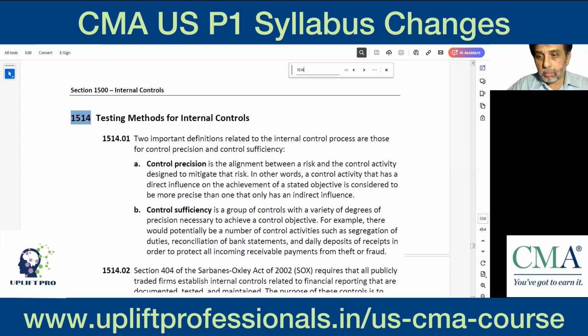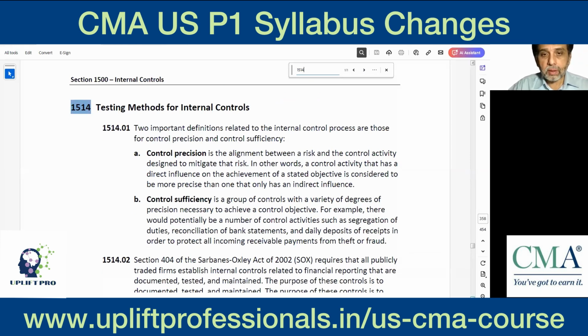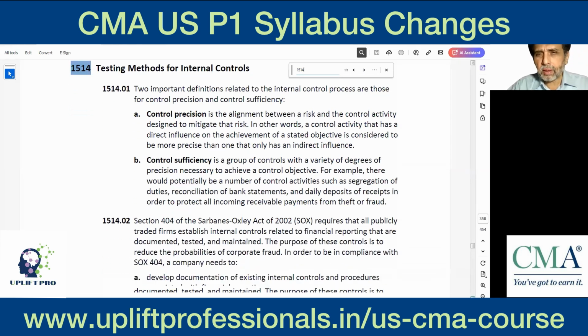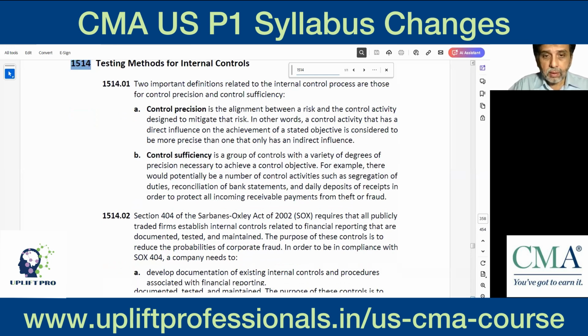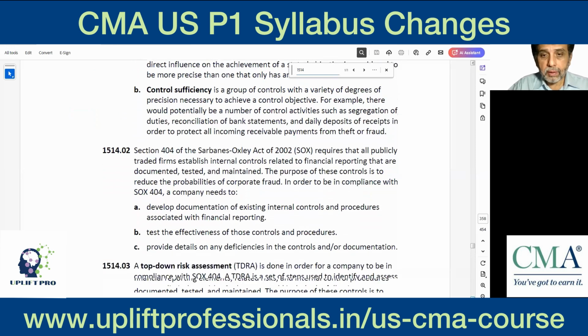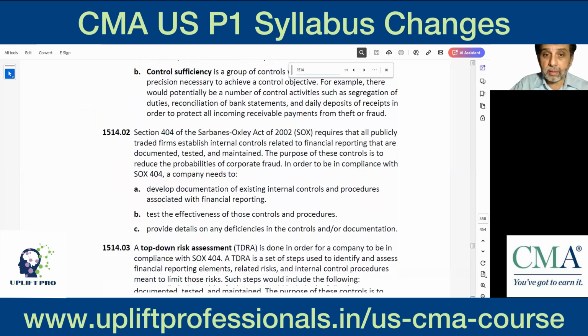So this control sufficiency, control precision. Of course, in the classes, I'll be explaining it in more detail.